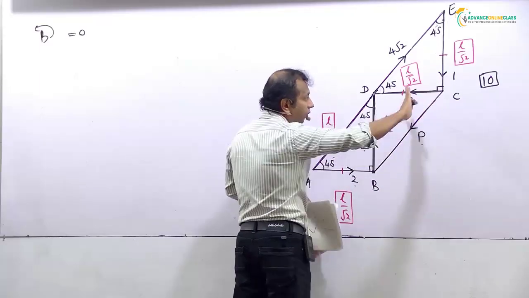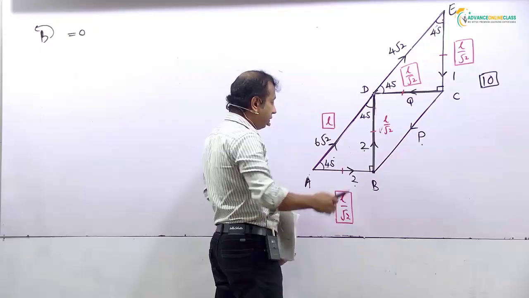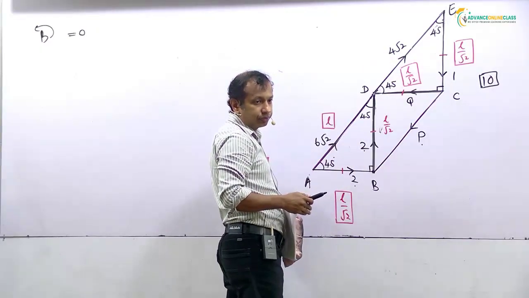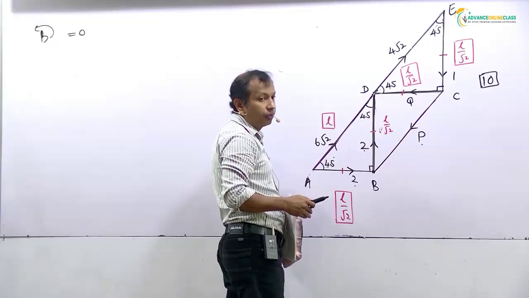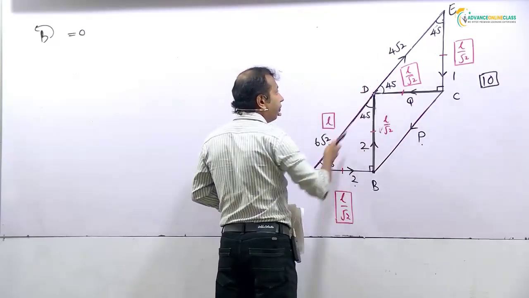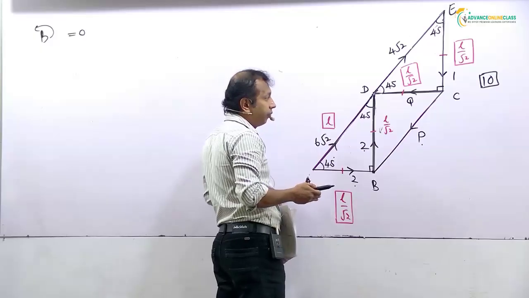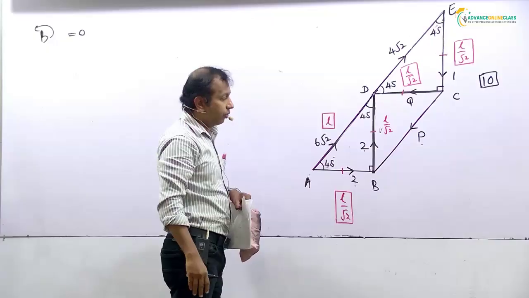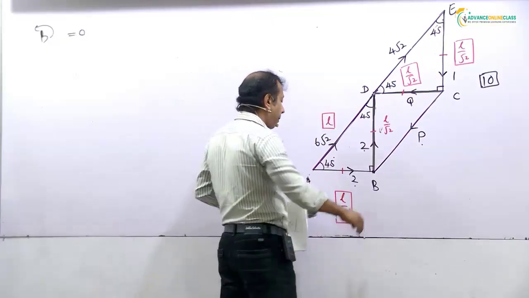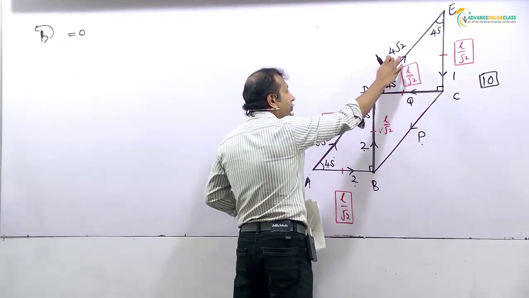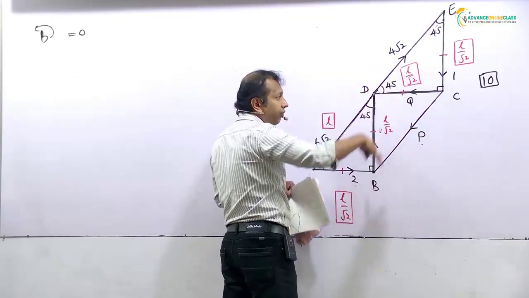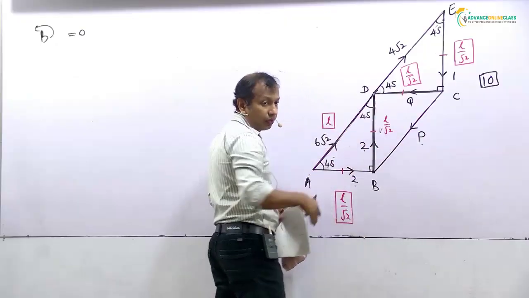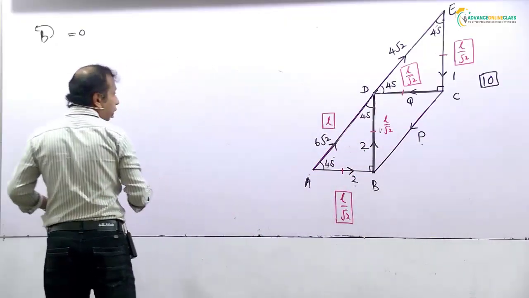This one gives clockwise moment. 6 root 2, 4 root 2, same line, no? We can take 10 root 2. Around B gives clockwise. 1 also clockwise. Q anti-clockwise.